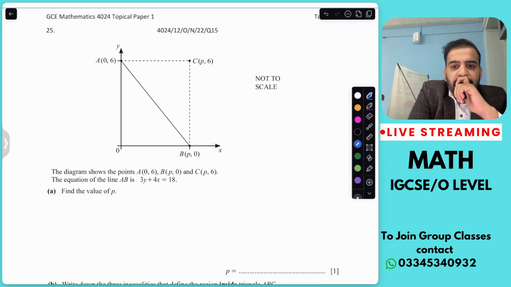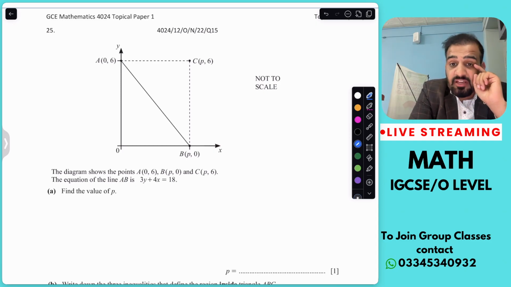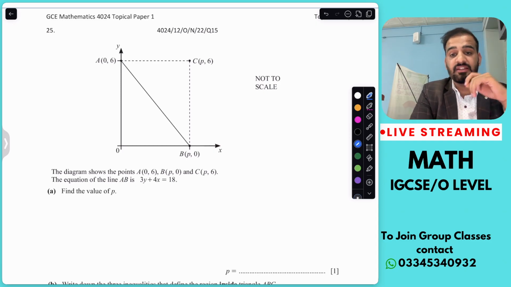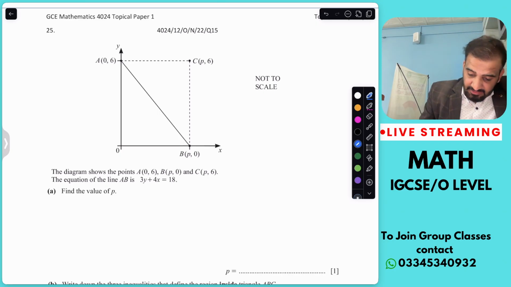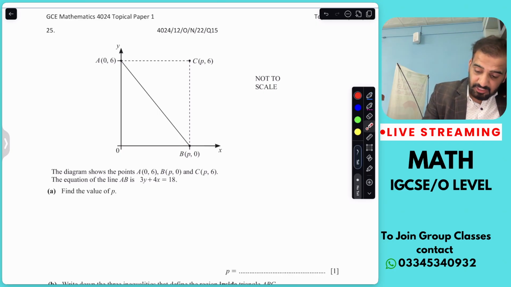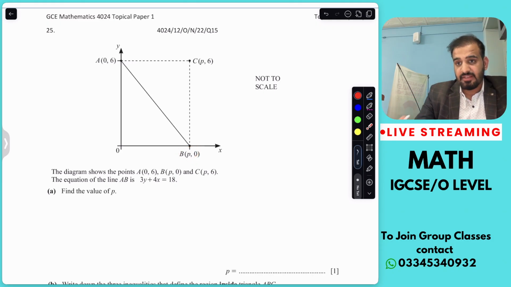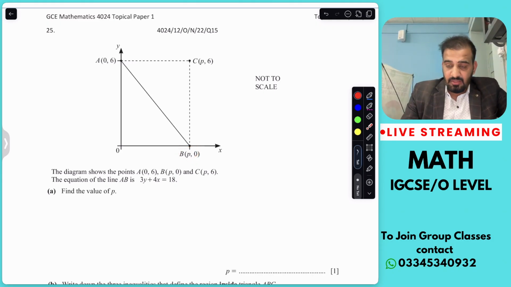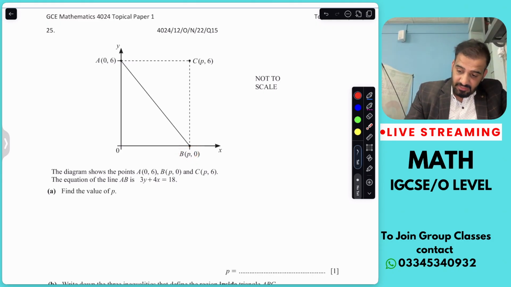The diagram shows points A, B, and C. The equation of the line AB is 3y plus 4x equals 18. Find the value of P. How to find the value of P? We know that the point B lies on the x-axis, so it has y-coordinate 0. So let's substitute y equals 0 in the above equation.